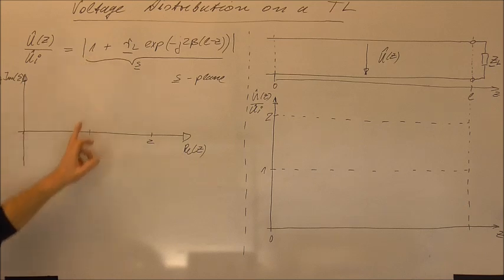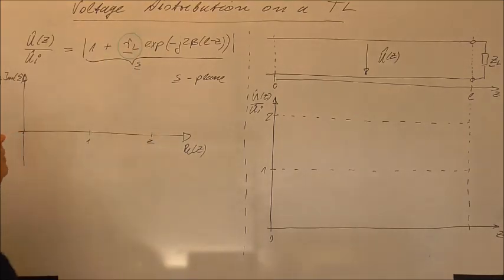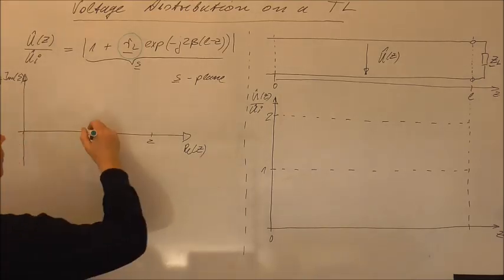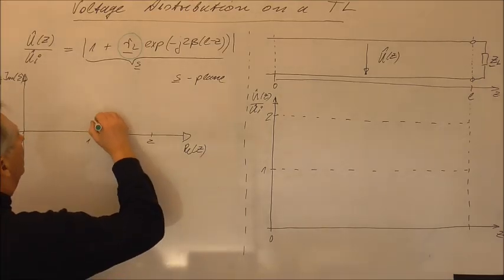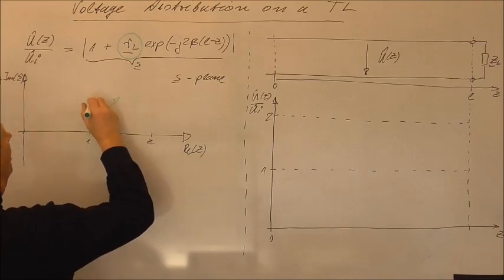One term is a 1 here, so we go first here, and then we have an arbitrary load impedance, with reflection coefficient RL, which can be an arbitrary complex number, for example like this.